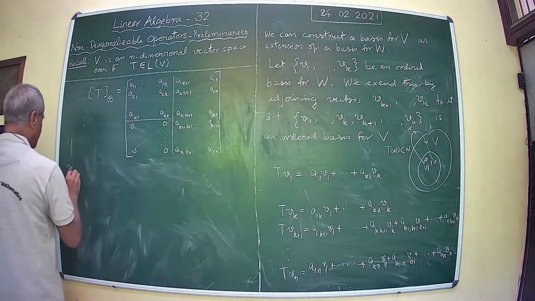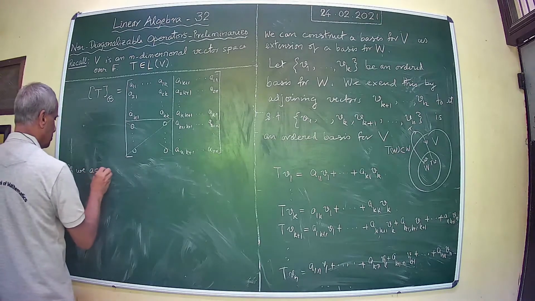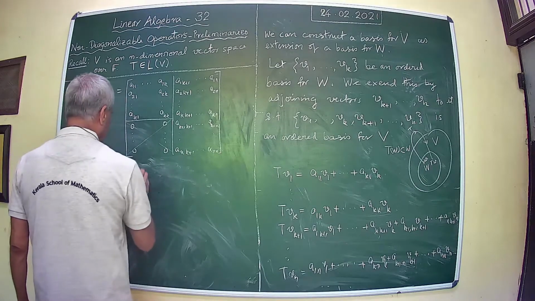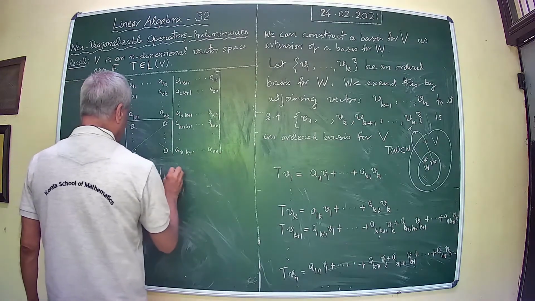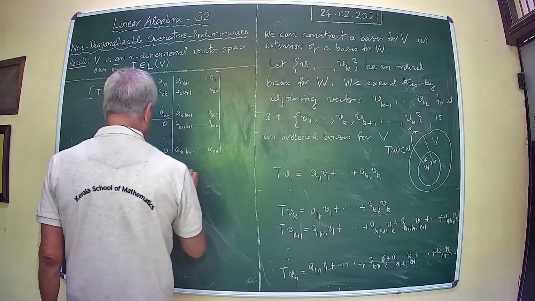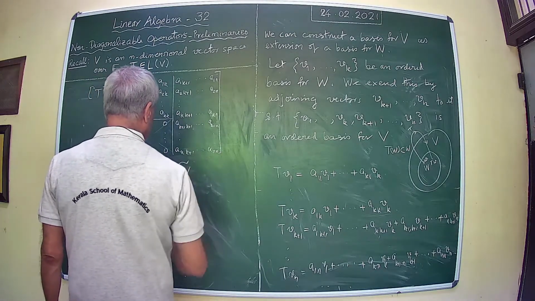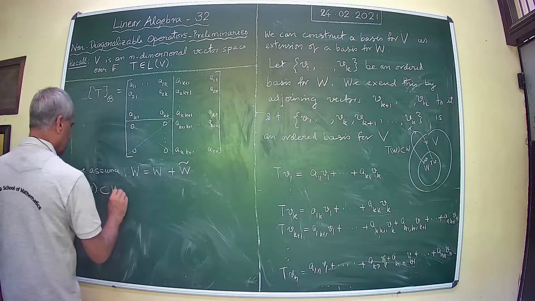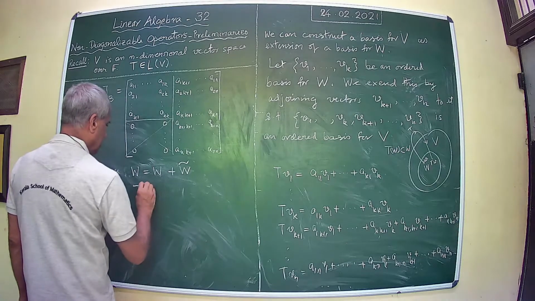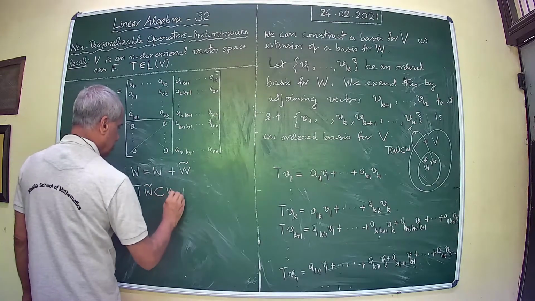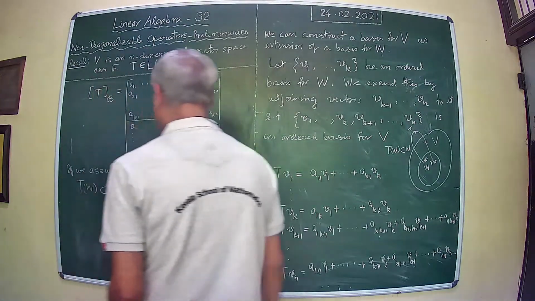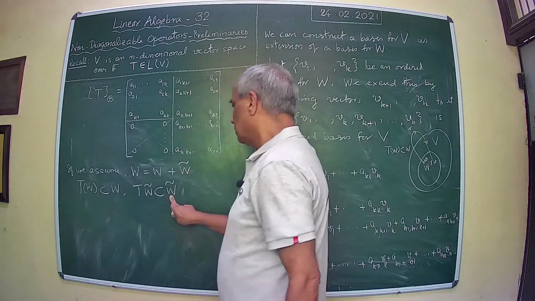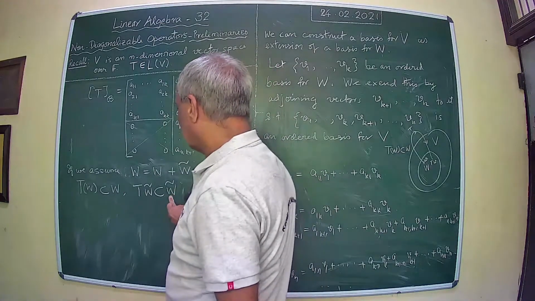Now if we assume V equals W plus W tilde, we can choose an ordered basis for W and an ordered basis for W tilde.